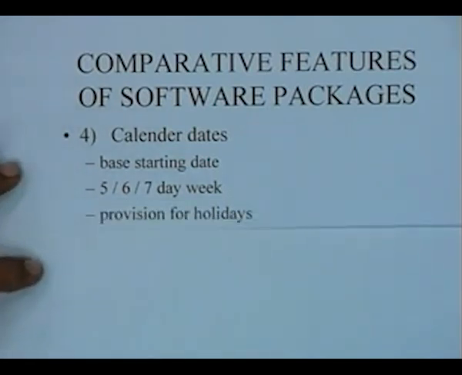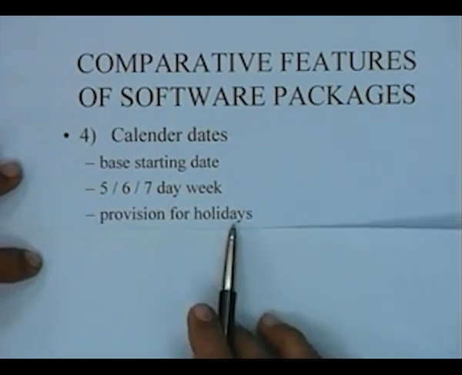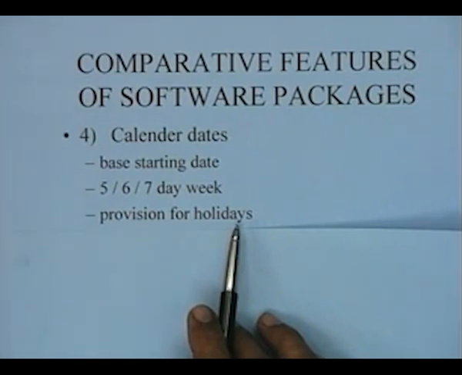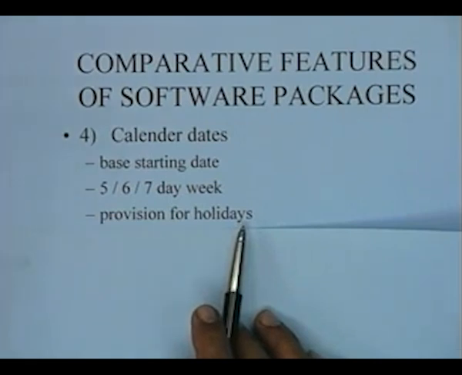and you can also feed in provision for holidays. So you can feed in the list of holidays for the year and for the next year and the next, and thereby whatever schedule you get, the calendar dating facility in the computer program will give you a schedule which will specify the exact dates on which each activity is to be done.